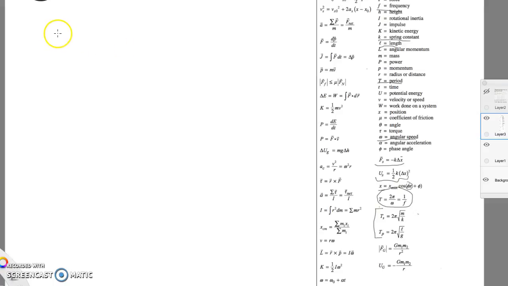So when we have oscillations, the conditions include a equals negative omega squared x. Another version of that is F equals negative kx. And the last one is that U is proportional to x squared.